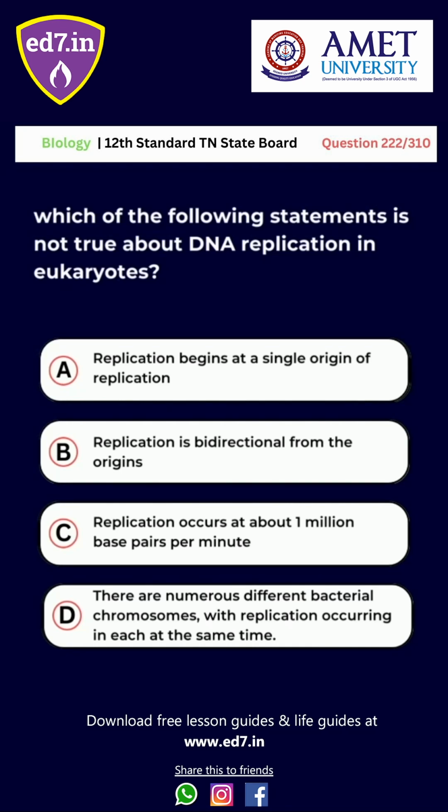C. Replication occurs at about 1 million base pairs per minute. D. There are numerous different bacterial chromosomes with replication occurring in each at the same time. And the right answer for this question is option D. There are numerous different bacterial chromosomes with replication occurring in each at the same time.